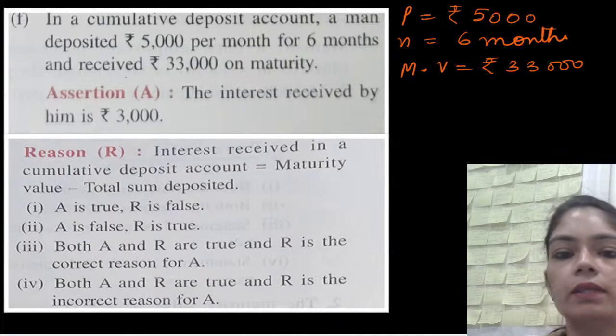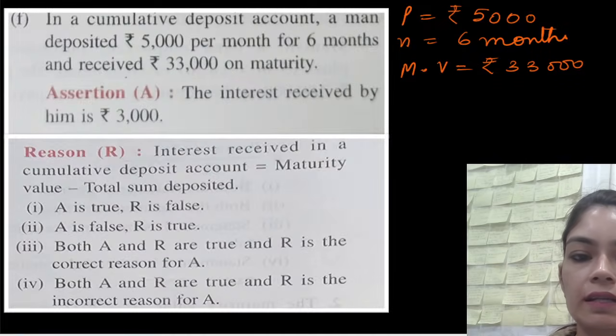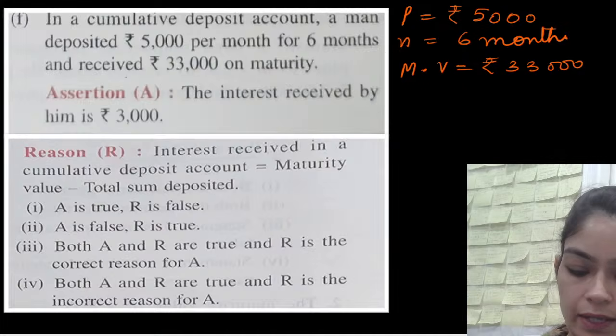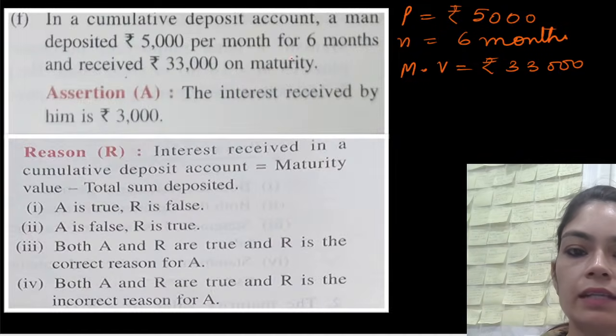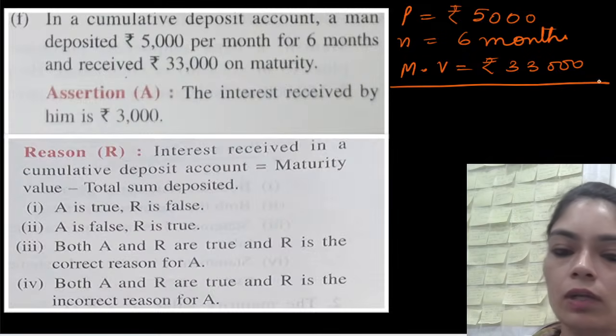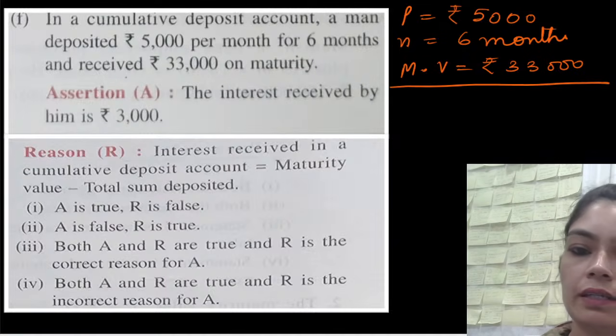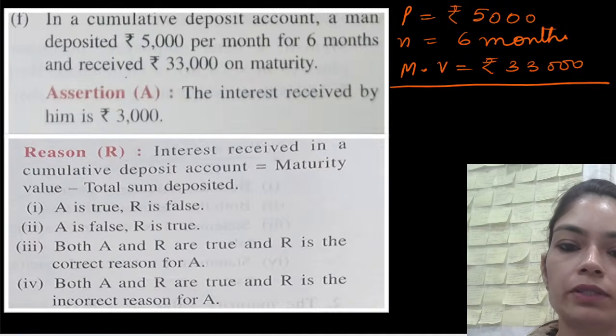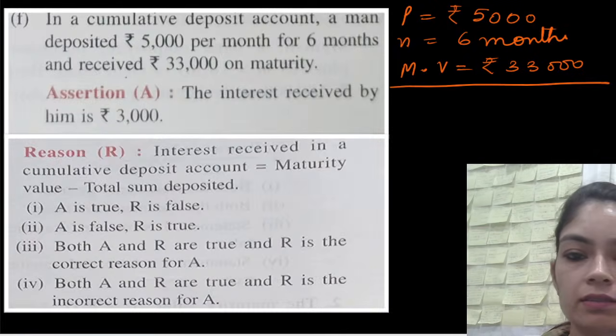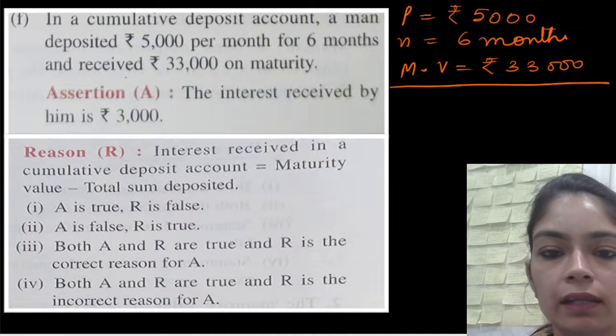Now assertion and reason are the two statements given to us. In the assertion, it is given that the interest received by him is 3,000. We have to see whether these statements are true. The information I have written is the given information: P is 5,000, N is 6 and MB is 33,000.